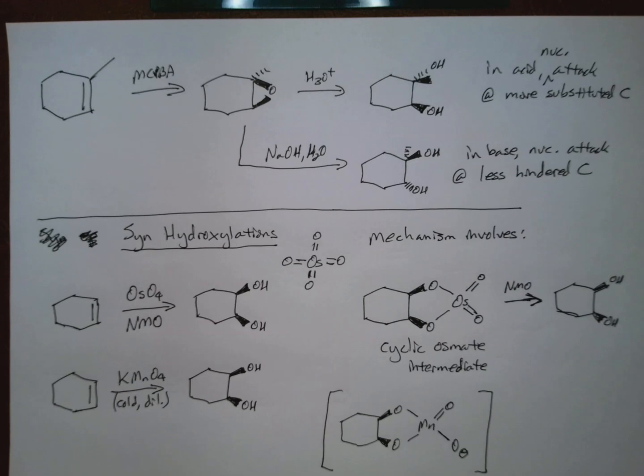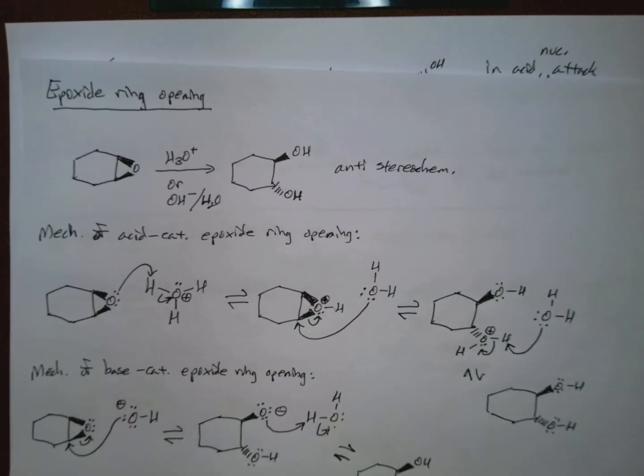Okay, so these are, as we've seen, some additional reactions. And I hope that you've noticed some of the similarities with other reactions that we've looked at this chapter. The epoxide ring opening. Well, gee, that's just like opening up the bromonium ion.